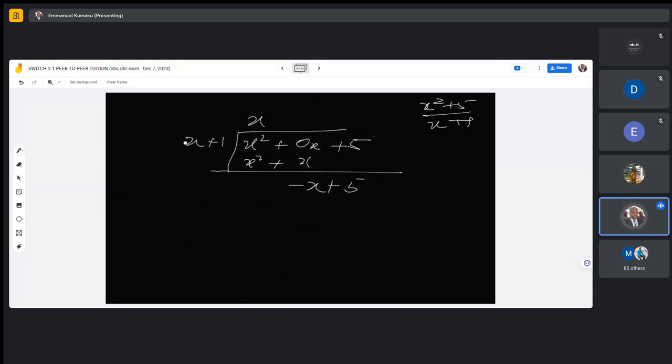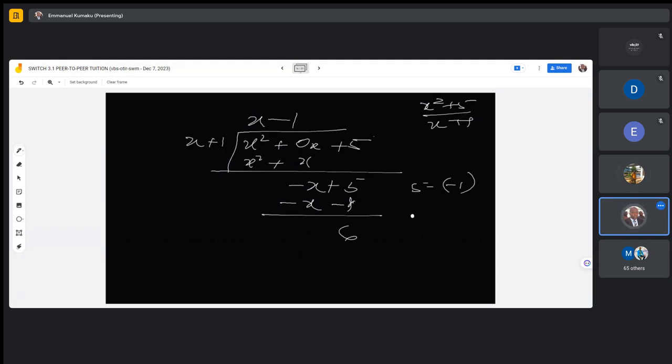Then perform the next division. This goes into this one negative 1 times. Then multiply it by everything. Negative 1 times x is negative x. Negative 1 times 1 is negative 1. Then we perform the subtraction. 5 minus negative 1, the minus and negative become plus, is 6.